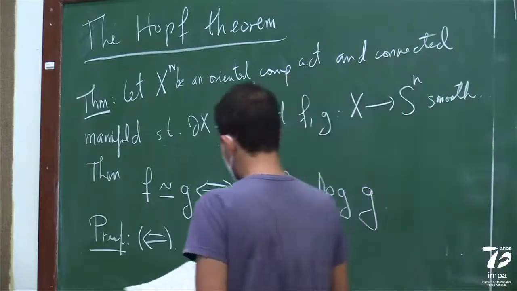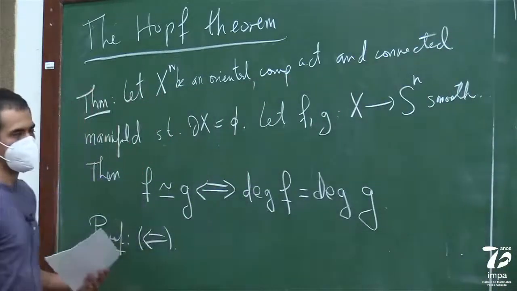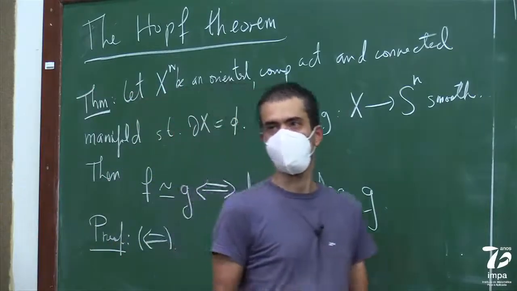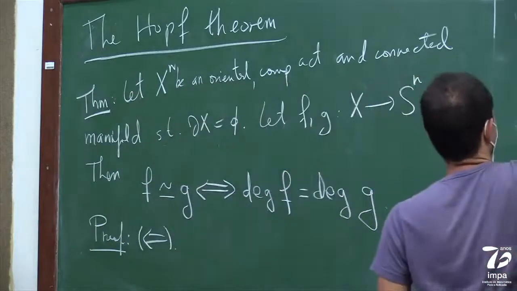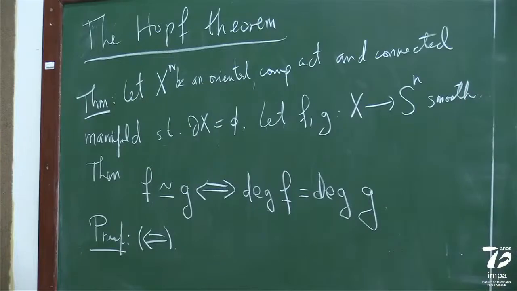So to compute the degree, we have to choose a regular value. So I'm going to start the proof by choosing a regular value. And of course, you can choose a regular value for both functions at the same time.